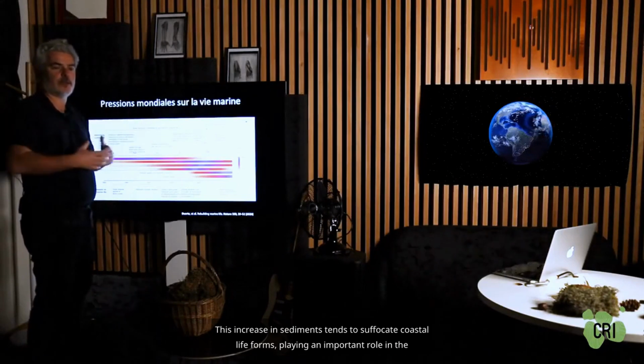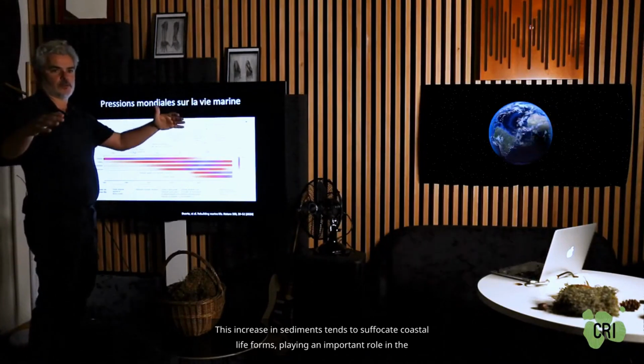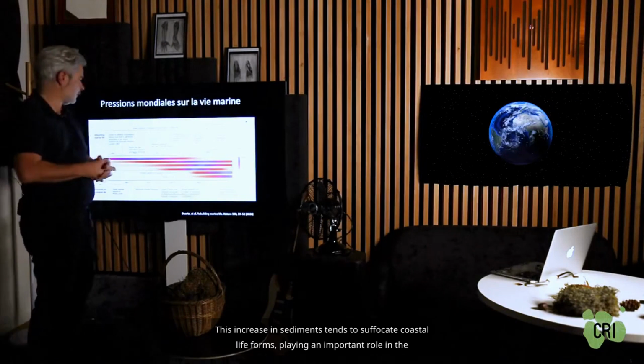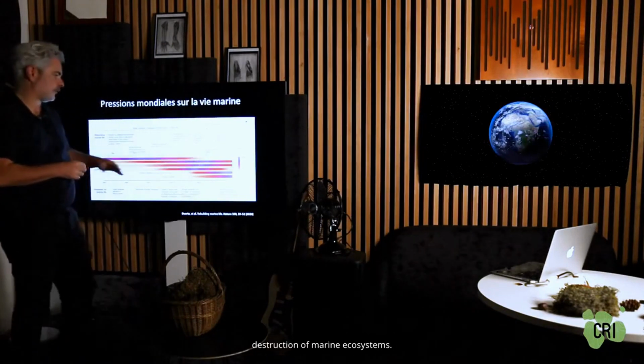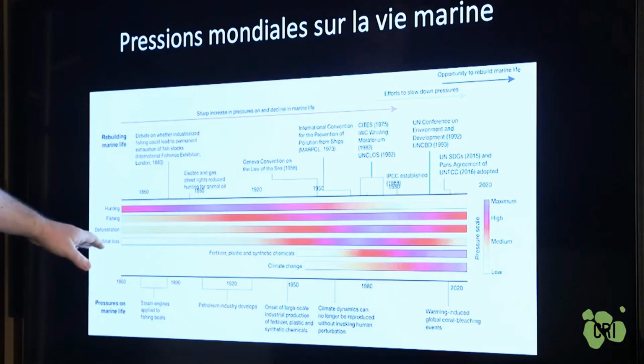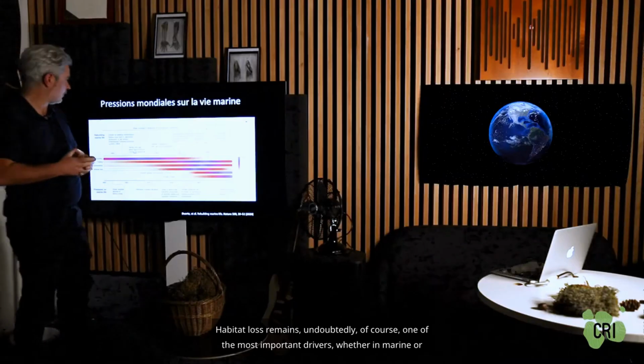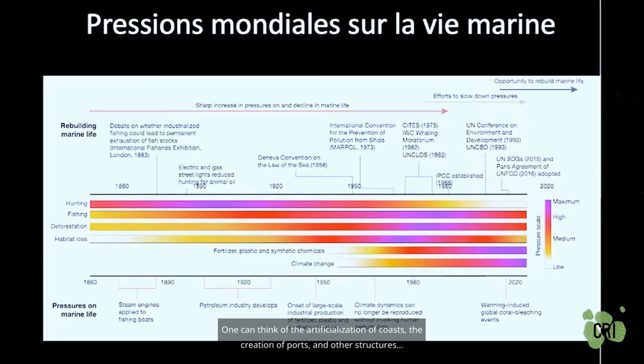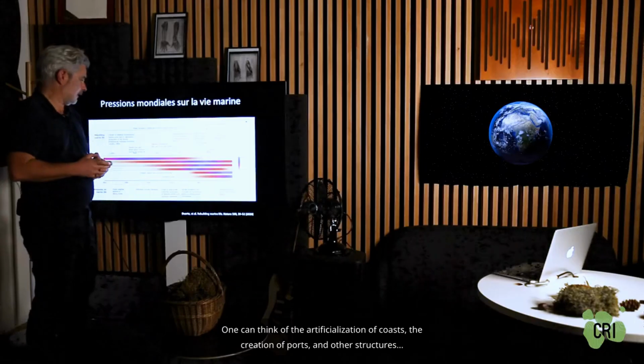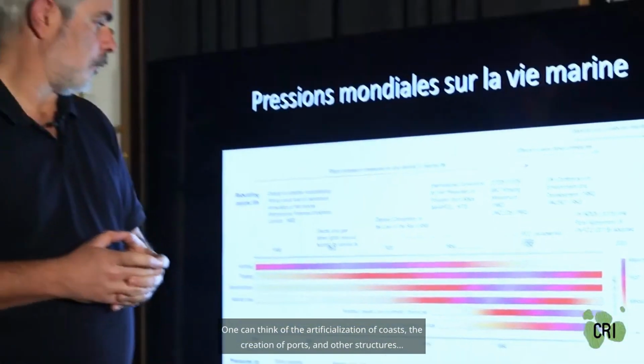This increase in sediments tends to suffocate coastal life forms, playing an important role in the destruction of marine ecosystems. Habitat loss remains undoubtedly, of course, one of the most important drivers, whether in marine or terrestrial environments. One can think of the artificialization of coasts, the creation of ports, and other structures.